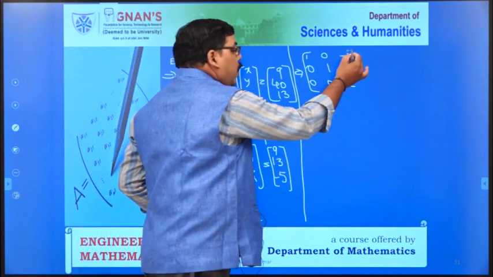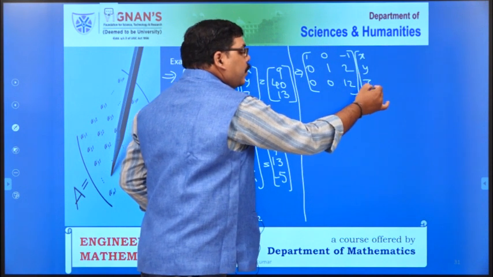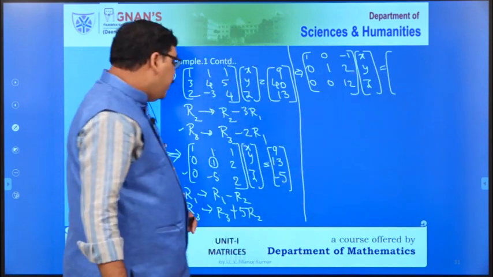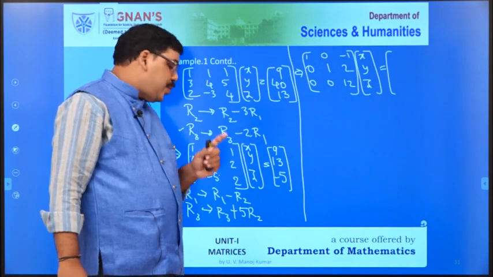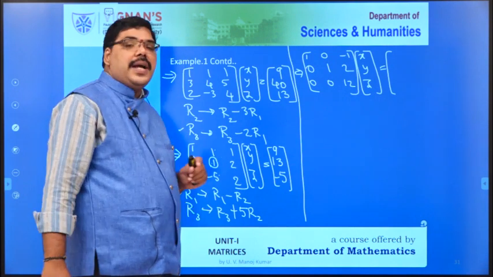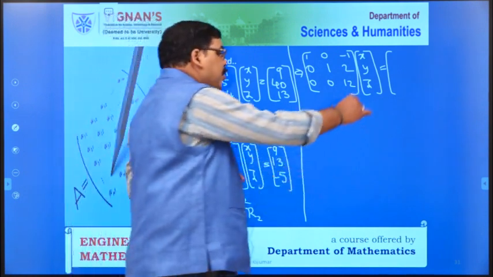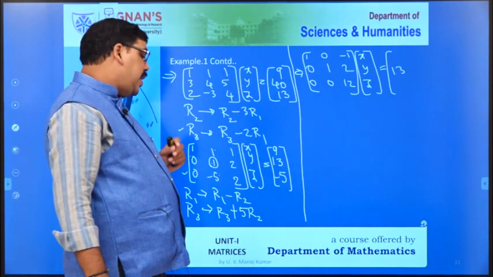Into x, y, z equals, what will be the constant matrix on the RHS? The same two row operations we have to apply here also. R2 is not changing, so 13 as it is. R1 changes. What is R1?